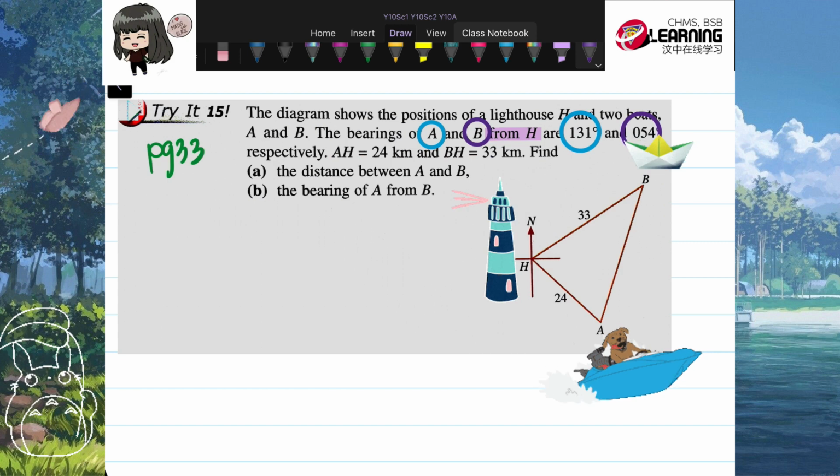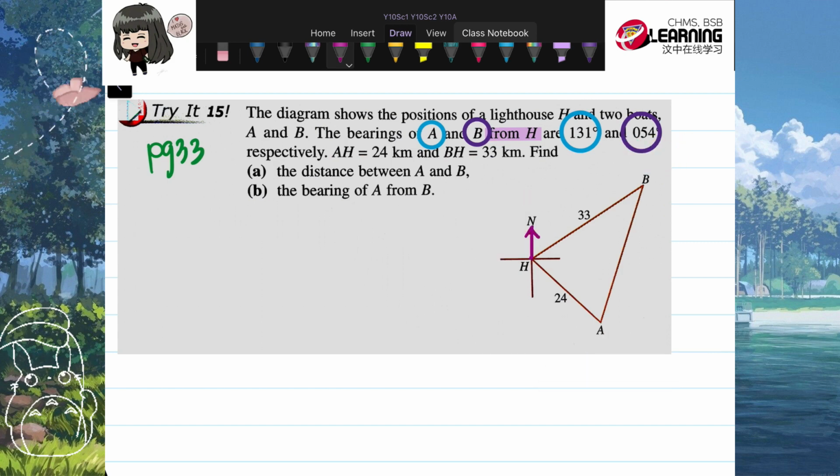From H here, we form a north. The connecting line A to H, the blue one, is 131. The whole thing here is 131.